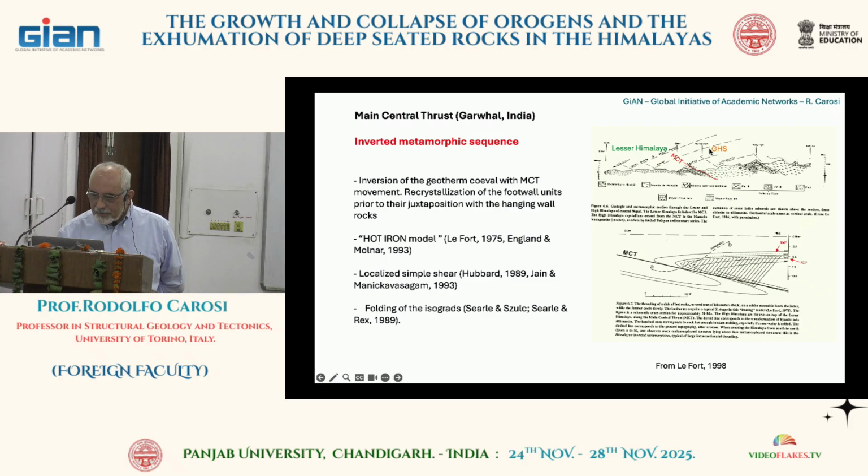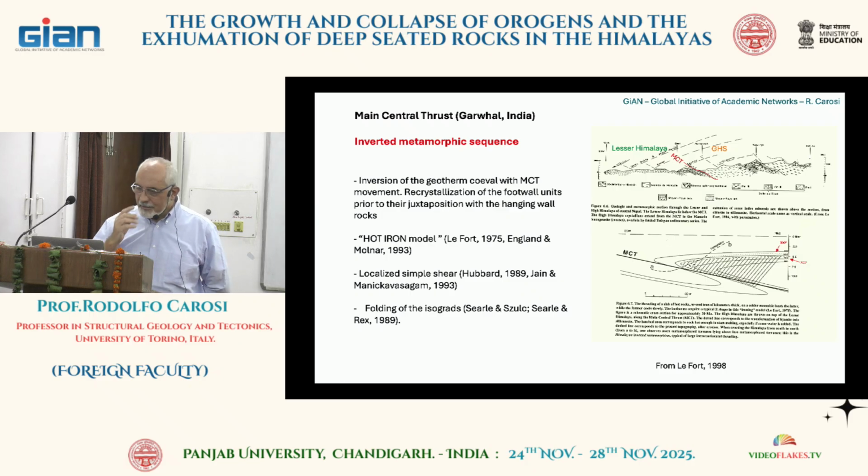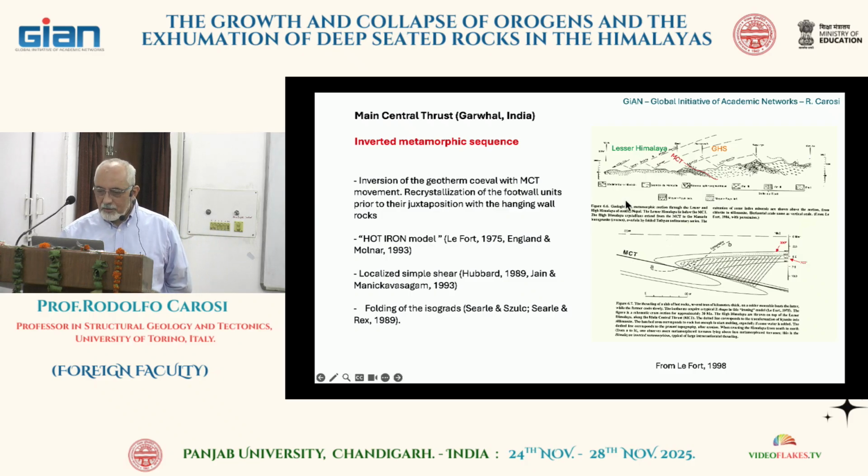Anyway, Eastern Nepal. You can see chlorite, biotite, garnet, staurolite. This is the Marsyandi River. Kyanite, sillimanite. So going upward, you can observe an increase in the occurrence of metamorphic minerals, increasing the metamorphism.